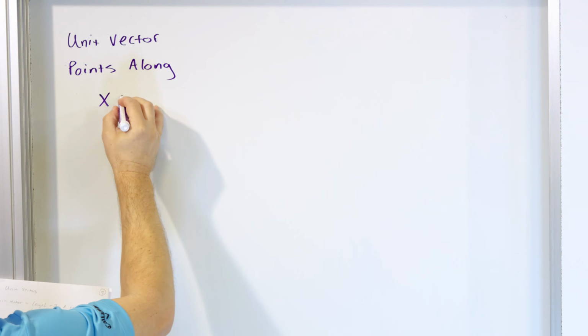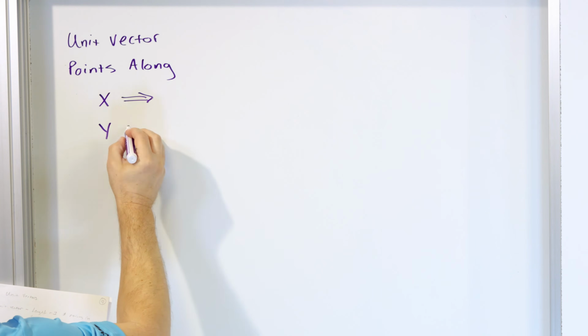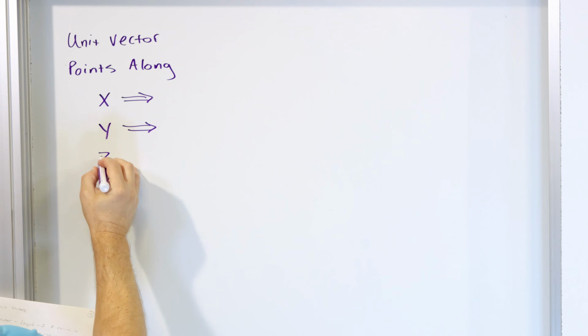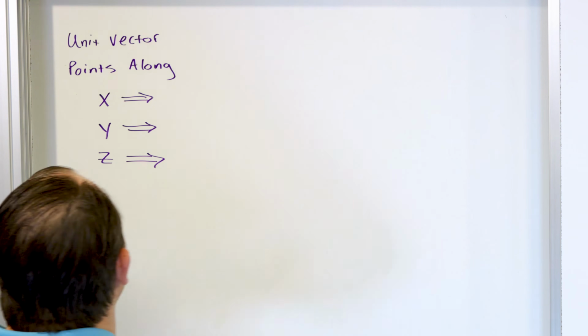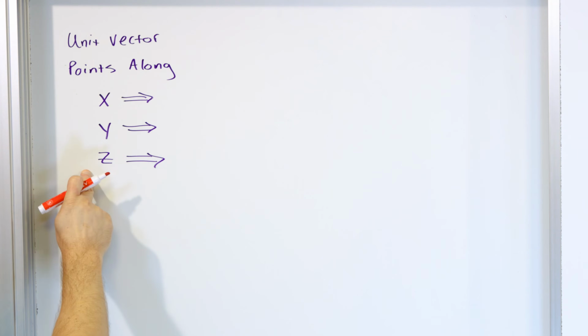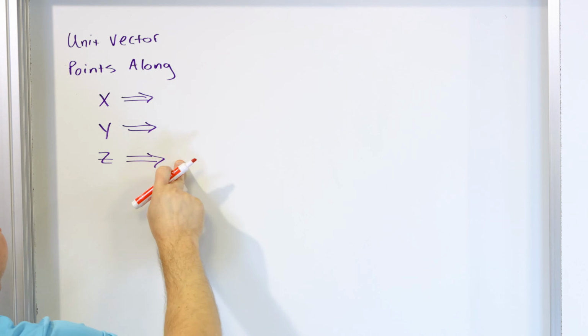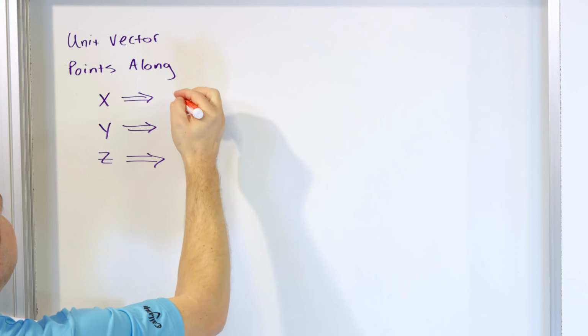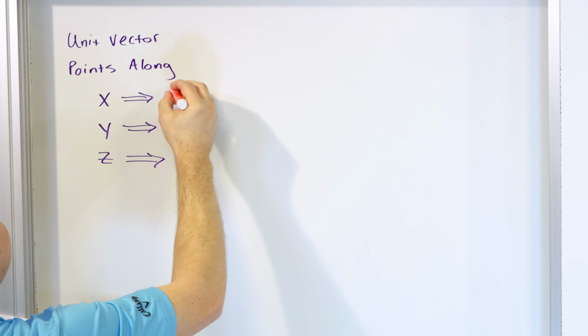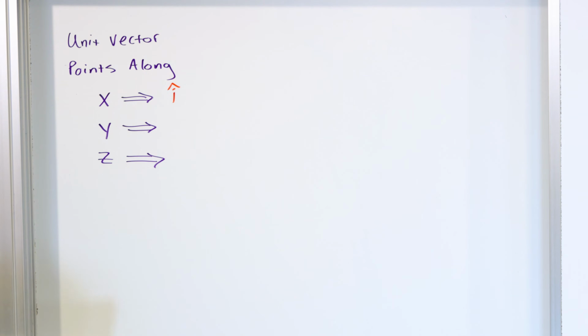Let's say the x direction, and we're going to have one that points along the y direction, and we're going to have one that points along the z direction, right? Now, we have to have special names for this, because if we reuse the same letters, then we're going to get confused. So what we do is we always say the unit vector that points in the x direction is called the i unit vector, and we have this funny hat on top I'll talk about in a minute.